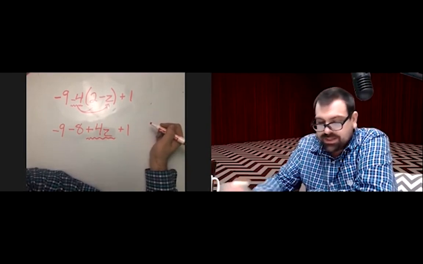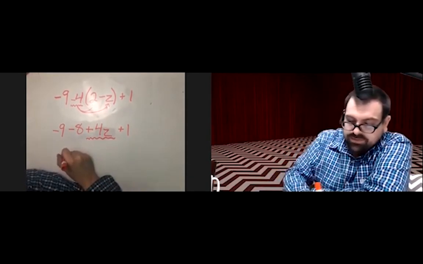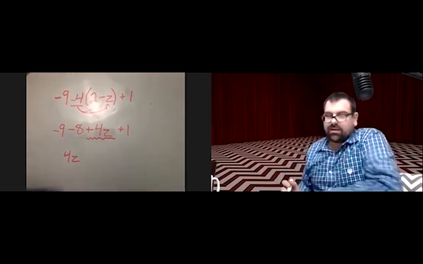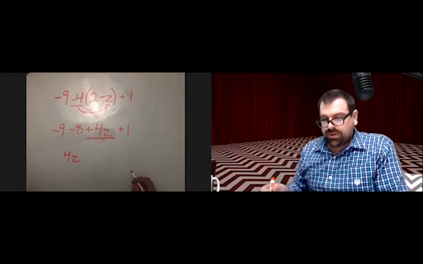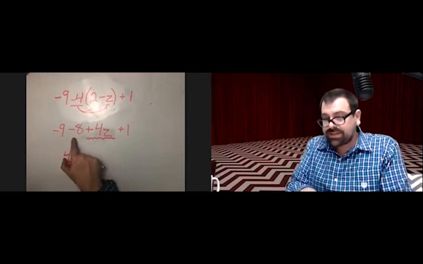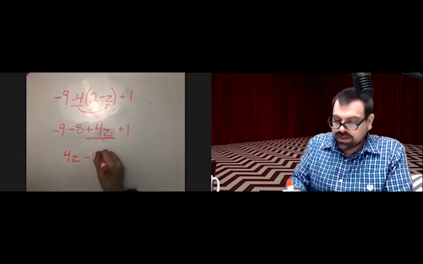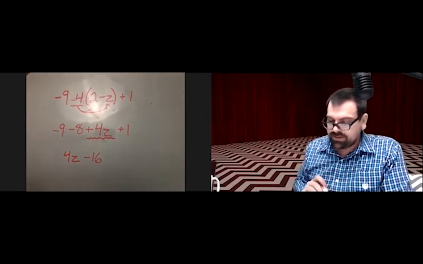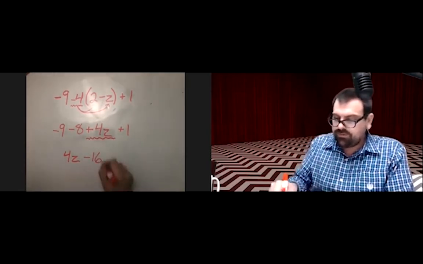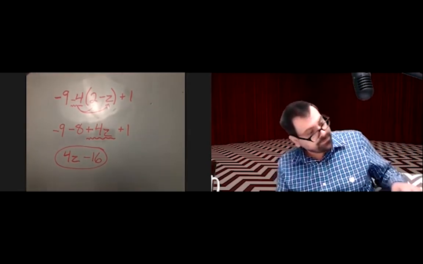Since we just have z's and the rest are constants, I'm going to go ahead and move this positive 4z first. And then we have negative 9 minus 8, that's negative 17, plus 1. It's a negative 16. That negative becomes our minus 4z minus 16.